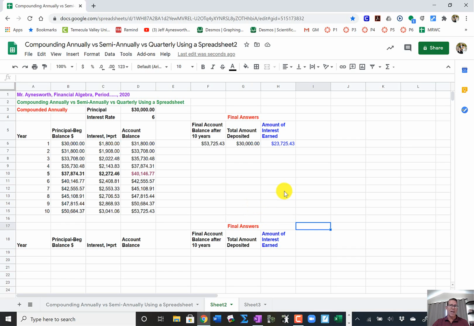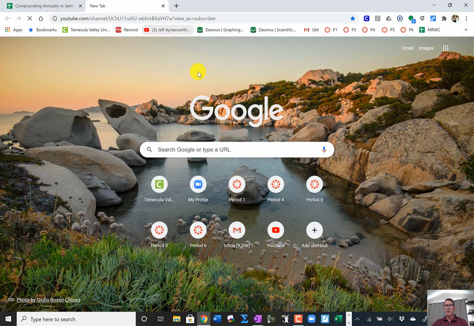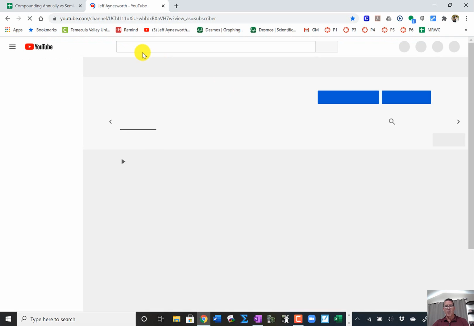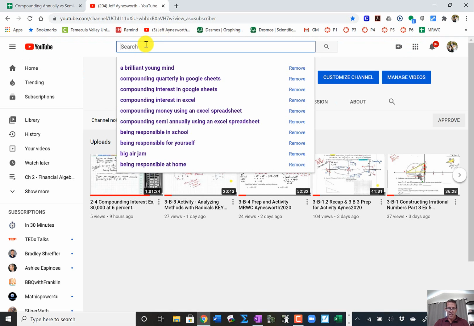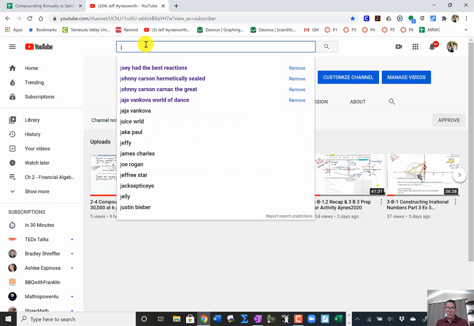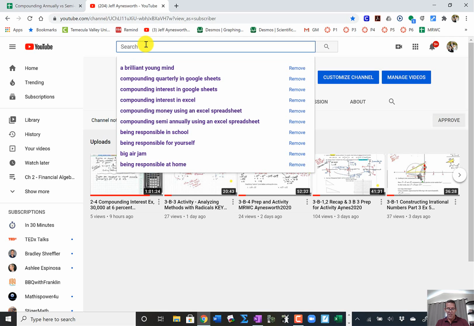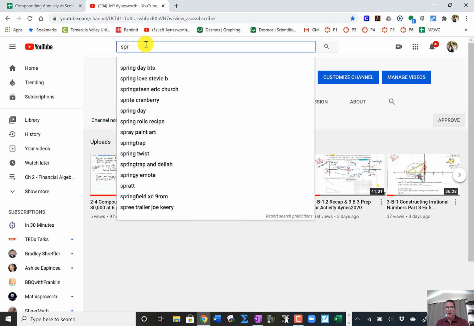If you're using a Mac, then you need to Google and go to YouTube and learn how to do this on the Mac using the program called Numbers. Okay, so that's easy to do. You just go to a YouTube channel, type in youtube.com, type in, let me see, spreadsheets.